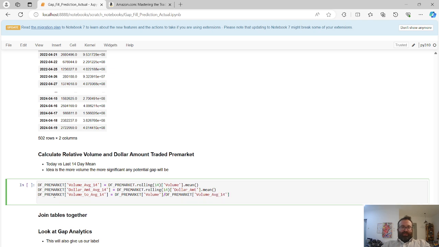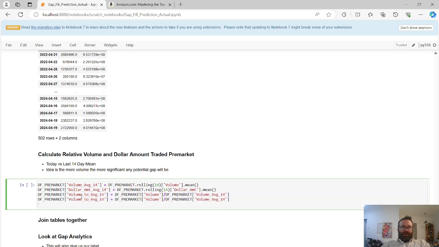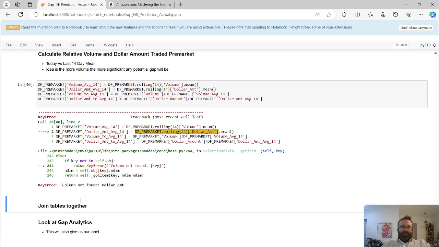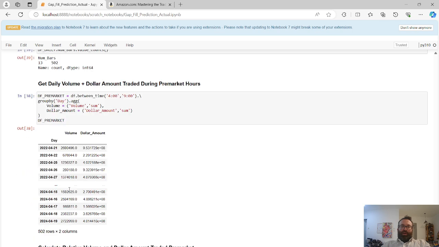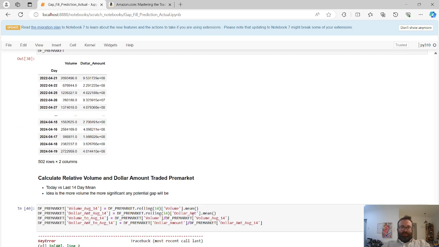And then same for dollar amount. I'll call it dollar amount to average 14, dollar amount over dollar amount average 14. Dollar amount is not found. What did I mess up on? Amount. I wrote it as a full word.